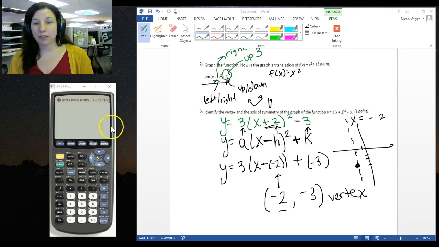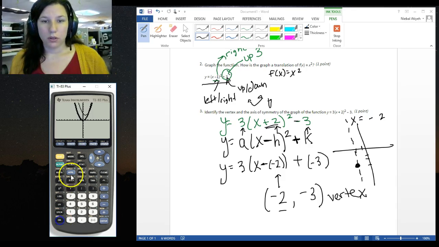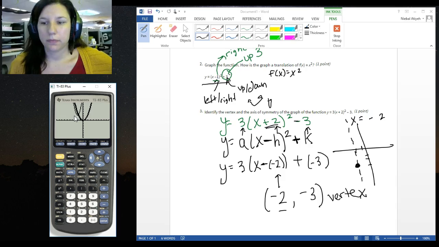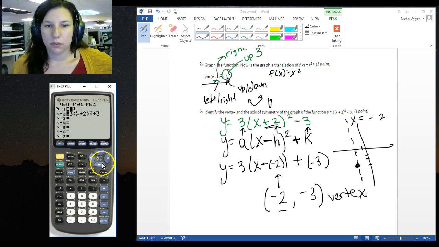Okay, and again, you have your calculator, so you can always graph these equations as well. All right, and take a look at them. Plugged in a +3 instead of a -3.